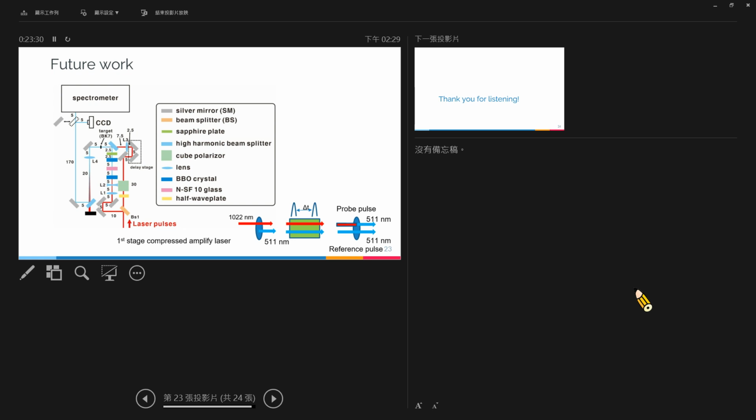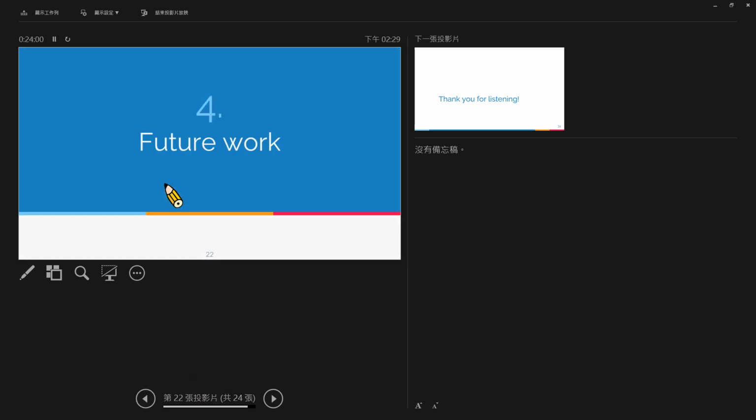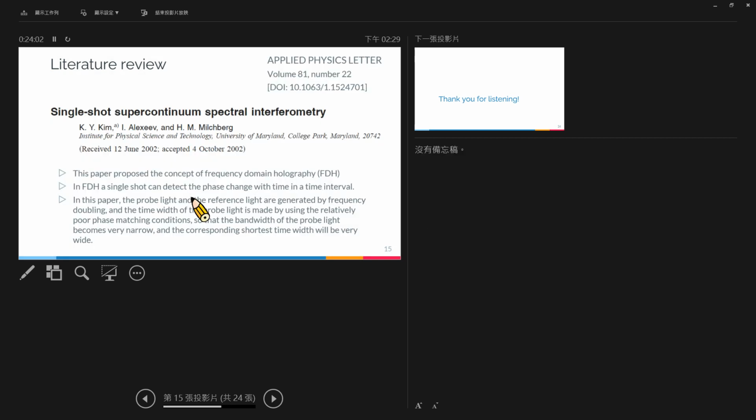What's the difference between yours and the previous setup? Mostly it's the same: to have a pump, a probe and a reference pulse. Only over here it's a bit different. We use a simple mechanism to separate the different timing of the pulses and change the frequency. The previous one generated second harmonic, and you also need a time delay.